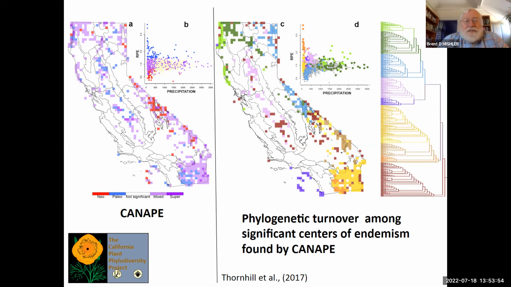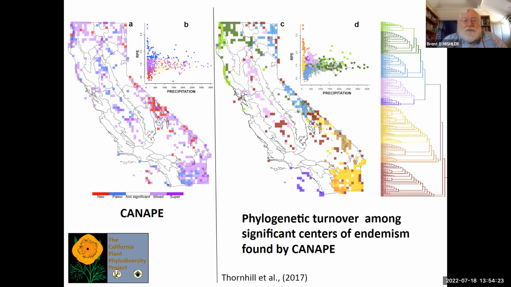And then just the one on the right is a topic we're not covering very much today, but just to point out that there are phylogenetic methods of looking at turnover. So what I've been talking about so far are alpha diversity measures, but there are beta diversity measures that would let you compare these different sites. And the branching diagram on the far right is a cluster diagram that's showing how those centers of endemism relate to each other in terms of what part of the tree they share.